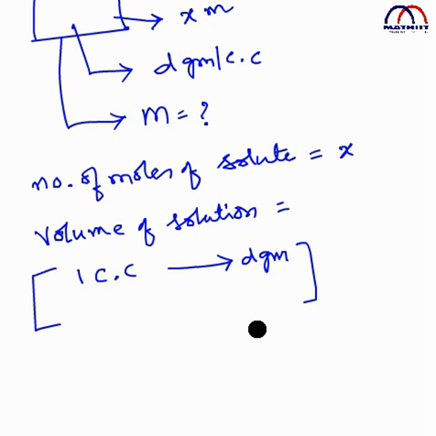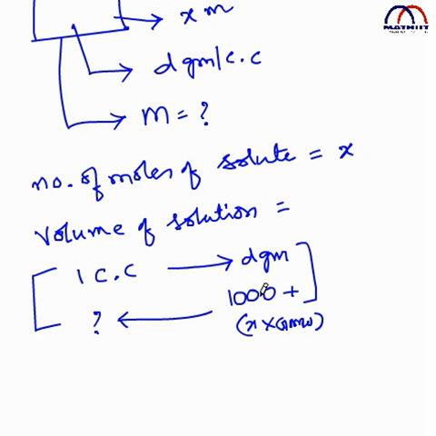We know that always the total weight of the solution is equal to 1000 into, 1000 is the weight of the solvent there, plus X into gram molecular weight.